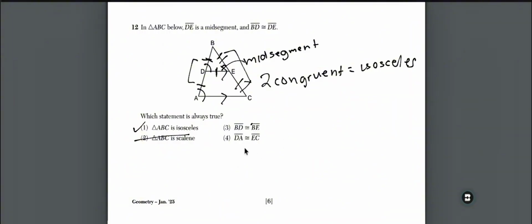And answer choice number 4 says DA is congruent to EC. Again, it's the same thing as before, just different proportions. What I do know is BD is going to be congruent to DA, and BE is going to be congruent to EC, because those are what midsegments form. So I know answer choice 3 and answer choice 4 are not correct, and that leaves me with answer choice number 1.